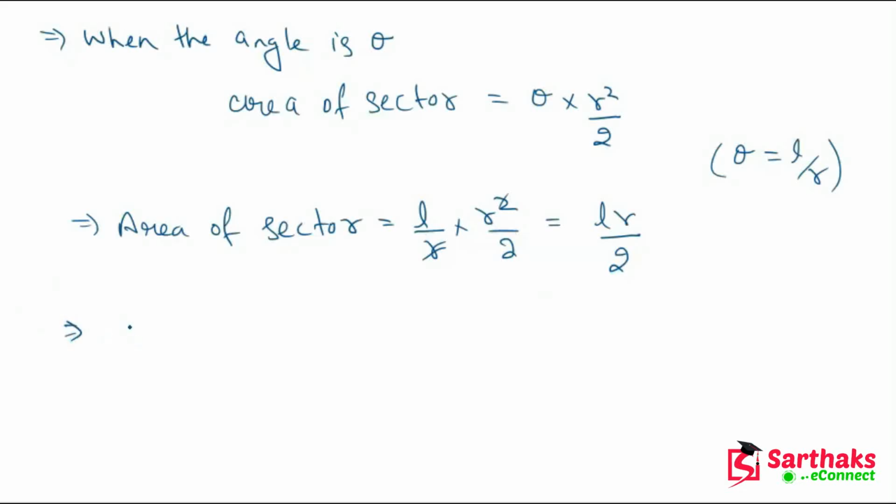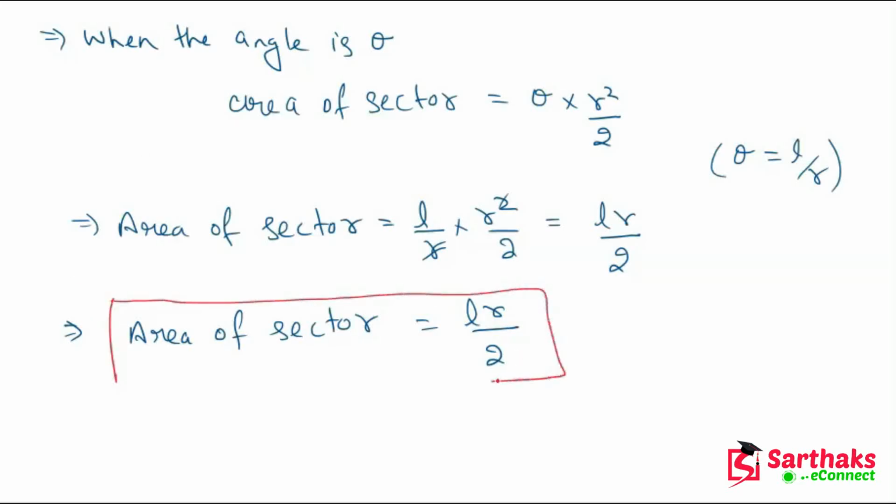So my dear friends, the area of sector in terms of length of arc is equals to L r upon 2. I hope you understand these things. Now let's do some examples.